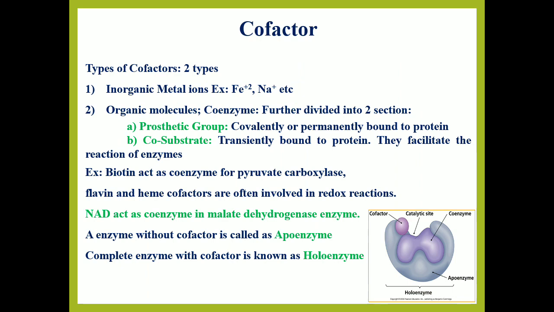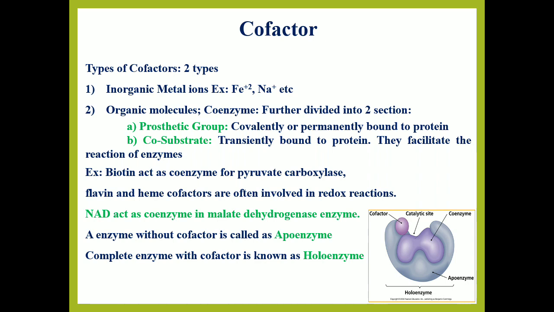Prosthetic groups are those coenzymes which are permanently bound to the protein part, or they can form a covalent bond, while co-substrates are those which are bound to the protein for a shorter time or with weak attraction forces. Cofactors help the enzymes to carry out the reaction.